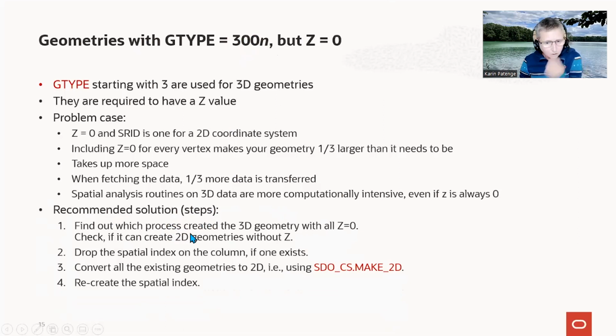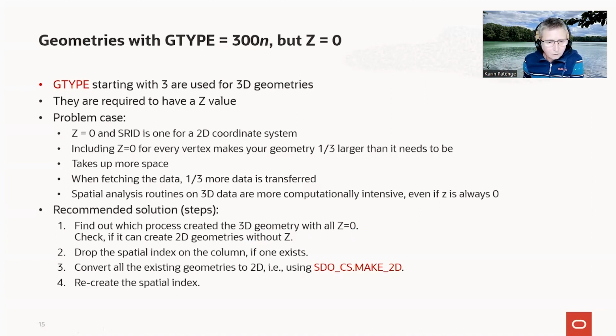Find out which 3D geometries have Z value 0, and then check whether you can actually transform those into 2D geometries. This, of course, should be discussed with the application owners and maybe also the data providers. But if you can correct those, then we recommend to do exactly that.